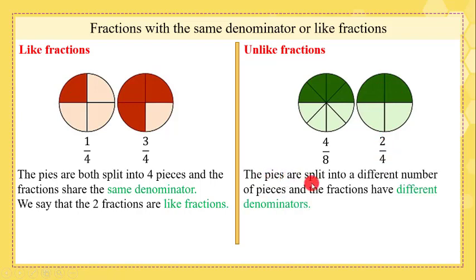The pies are split into a different number of pieces and the fractions have different denominators. We say that the two fractions are unlike fractions.